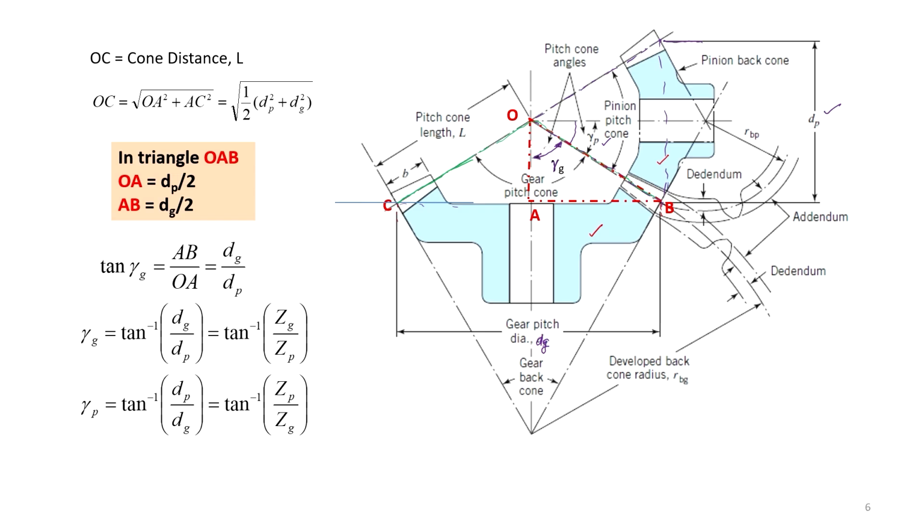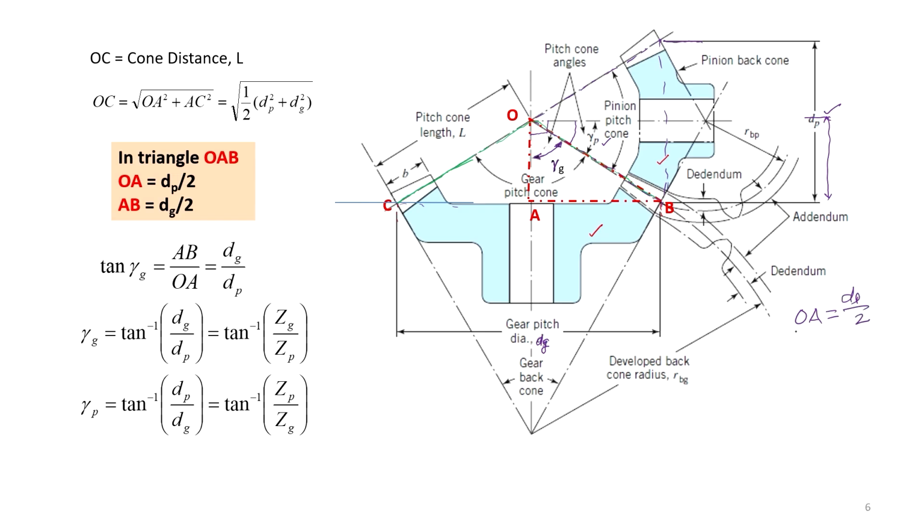So, now we can find the cone distance, which is the distance OC. Knowing that the angle between the shaft of the pinion and gear is 90 degrees, the pitch cone distance is equal to OC or OB, and OA is equal to DP divided by 2, this half distance.